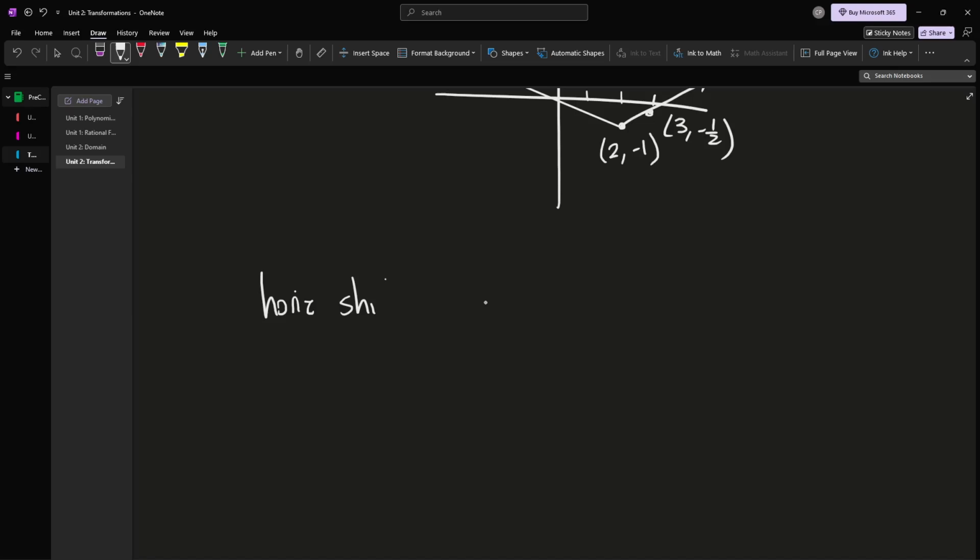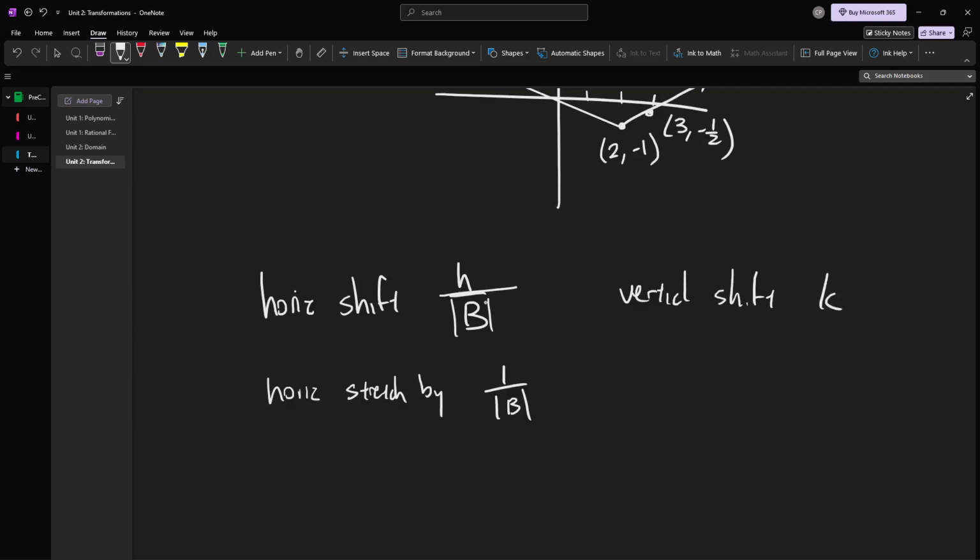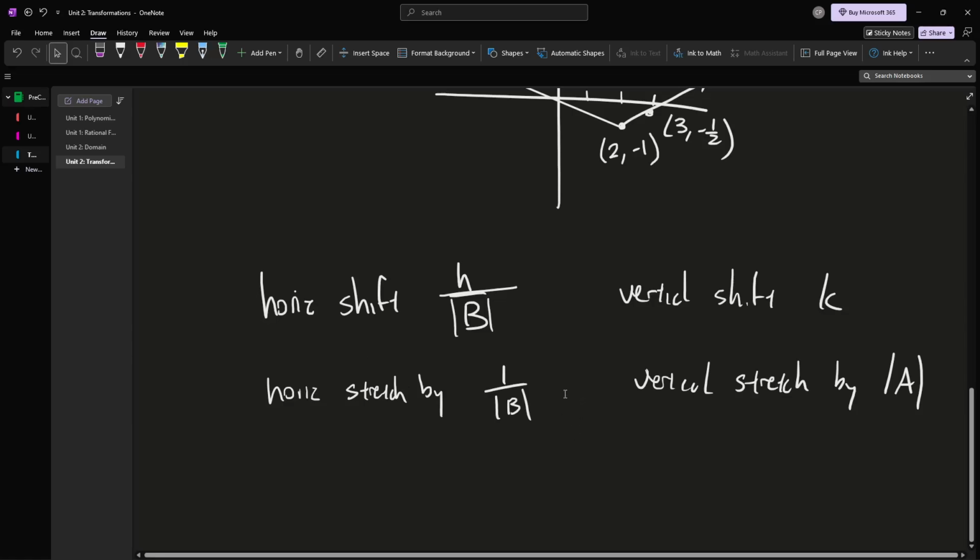Horizontal shift by h/b. You could stick absolute values to it if you want. And horizontal compress and horizontal stretch by 1/absolute value b. And vertical shift by k. Vertical stretch by absolute value of a. Because a and b we want to keep positive.